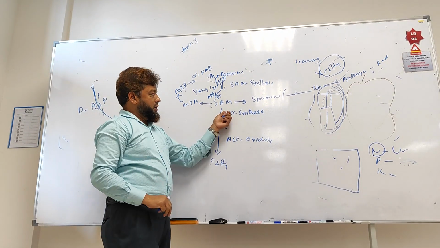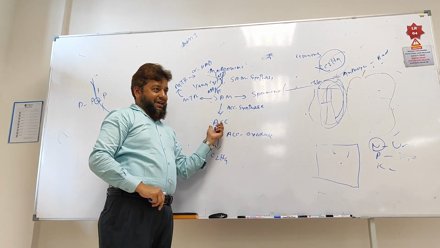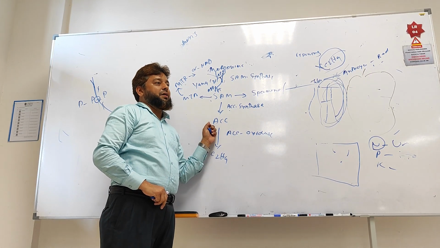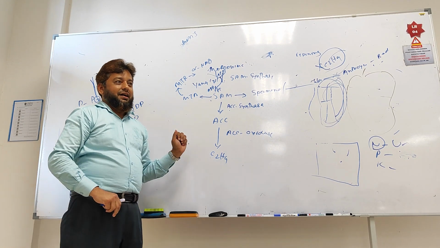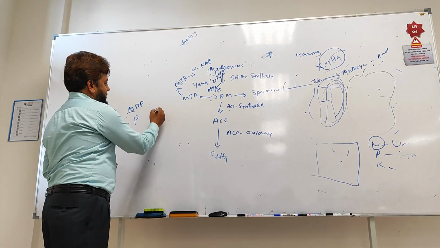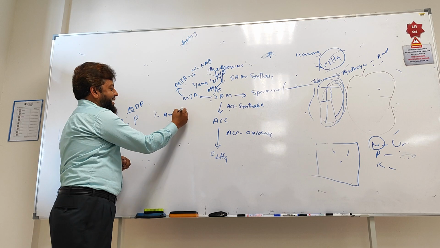So you know about ACC, it is 1-aminocyclopropane-1-carboxylic acid. One amino, cyclopropane, then again one carboxylic acid.